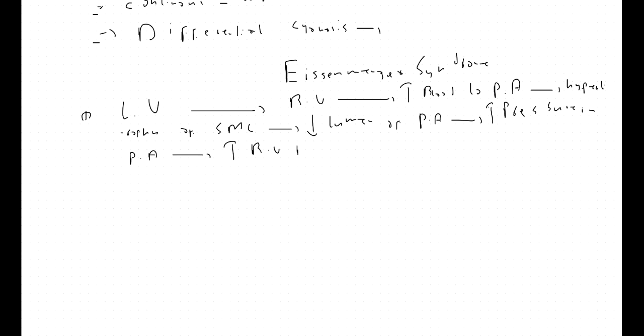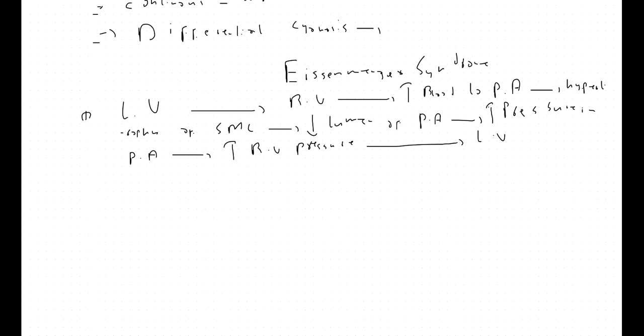And when you increase the right ventricular pressure, what will happen to the shunt? Because right ventricular pressure is now greater than the left ventricular pressure, the blood will go from the right ventricle to the left ventricle, and this will allow the deoxygenated blood to mix with the oxygenated.